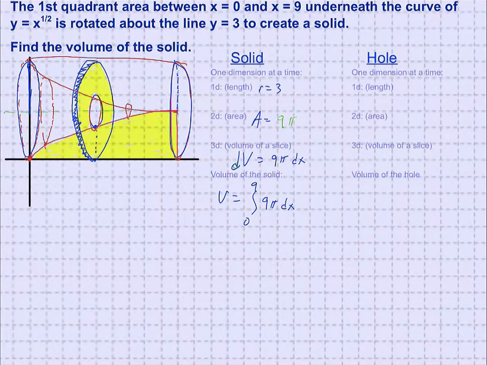So this time, the radius of that hole is, actually I should have drawn it down here, the distance between the line y equals 3 and the y value of our curve. So that would be 3 minus x to the 1/2. And so that's the radius, and so the area of our hole would be pi r squared, so pi times (3 minus x to the 1/2) squared. And then the volume of this little hole here has the same thickness as the overall disk.